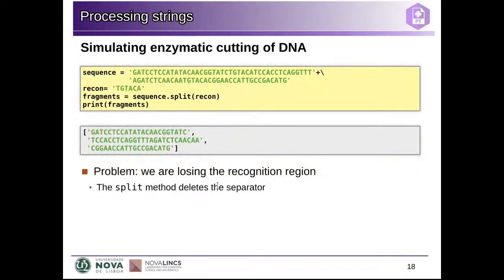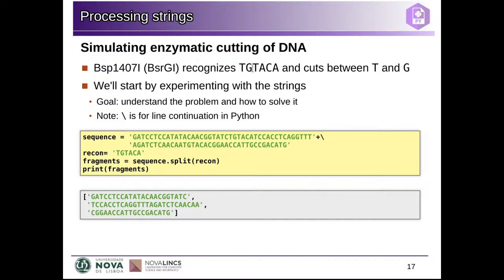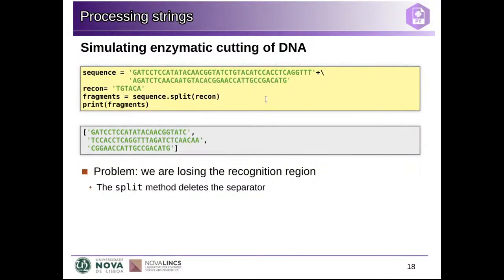But one problem is that I'm losing the recognition region, because whenever the enzyme finds a sequence like this, TGTACA, it will remove it. So the split method, unlike the enzyme, will completely remove this part, while the enzyme would only cut between the T and the G. So instead of simulating what I have here, cut between this T and G, I am just deleting all the recognition point. So this is not correct.